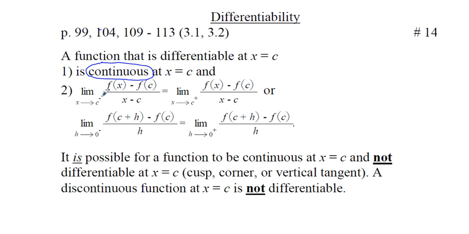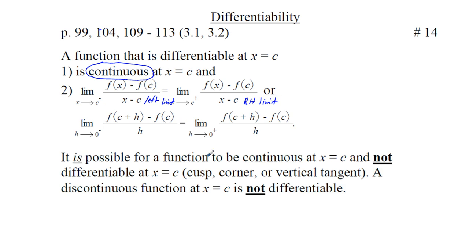The limit as x approaches c from the left side equals the limit from the right side. So the left limit equals the right-hand limit, RH for right-hand limit. And we'll see tests for that.